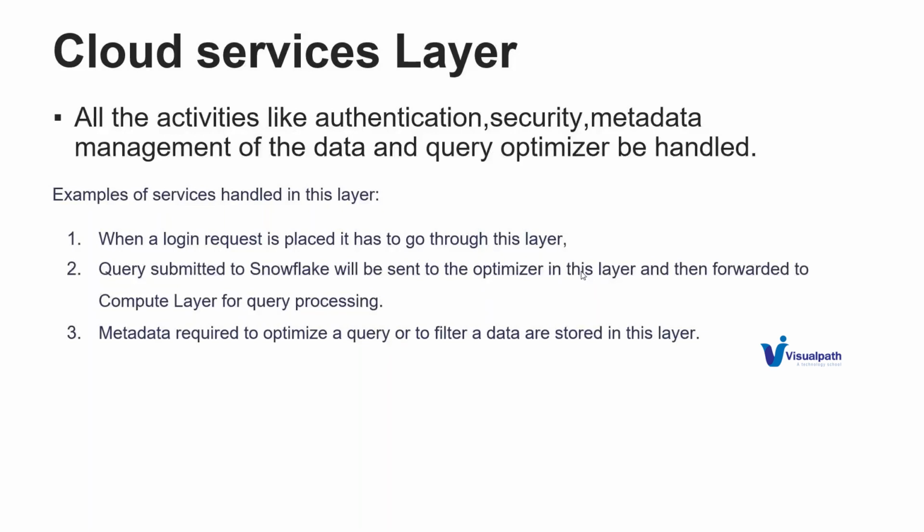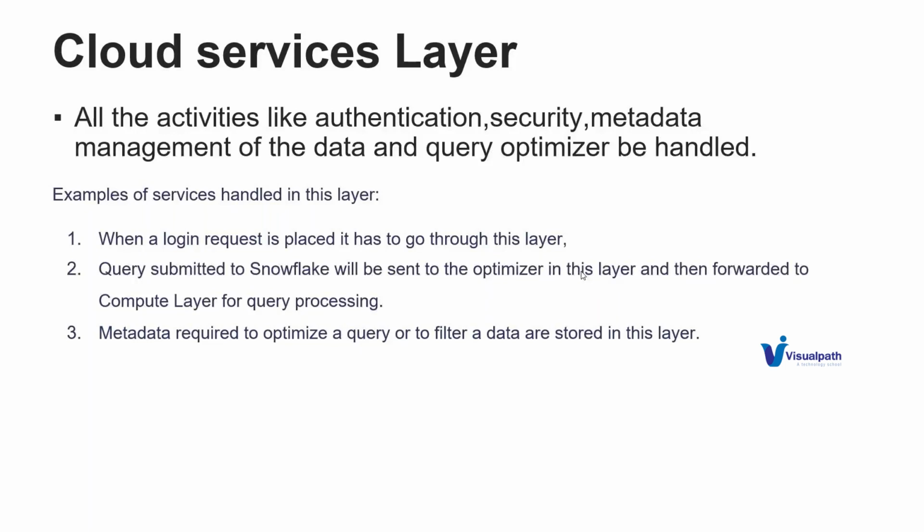So if that particular query data is already available in the cache, then it will give the data from the cloud services layer only. It will not go to the compute layer or the database storage layer. Let's say the data is not available in the cloud services layer. Now it will identify what type of query it is.